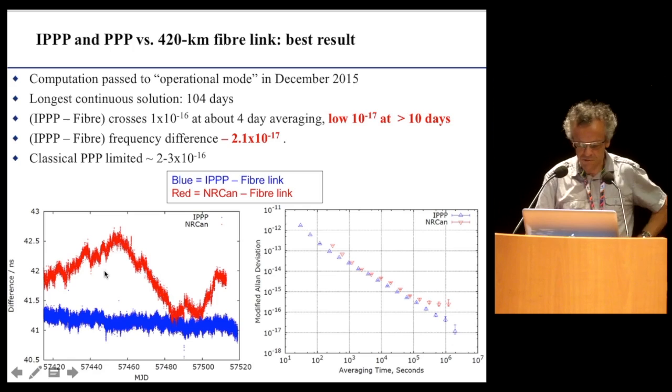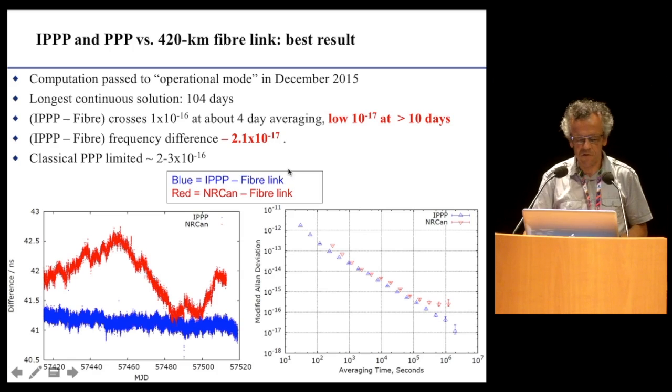We can discuss this, but anyway, the point is that the IPPP solution goes down to the low 10⁻¹⁷ level at above 10 days, let's say. And the frequency difference is not significantly shifted. It's in the 2×10⁻¹⁵ level.